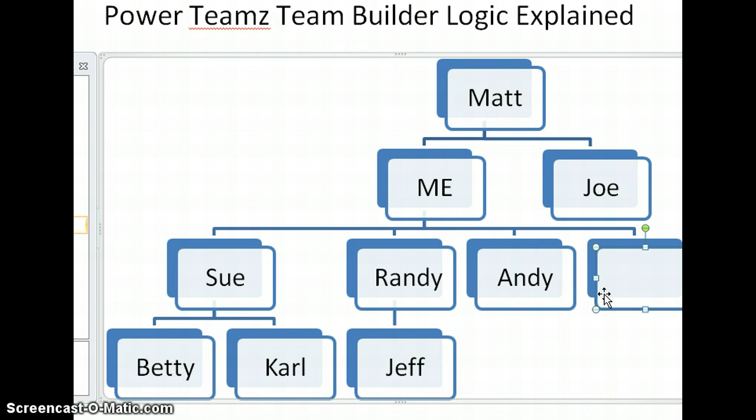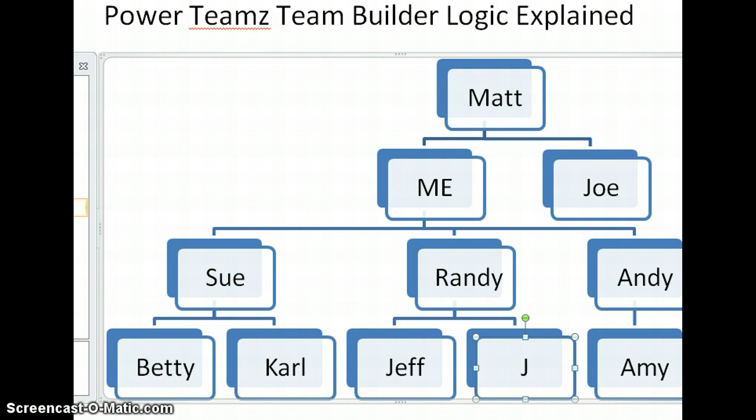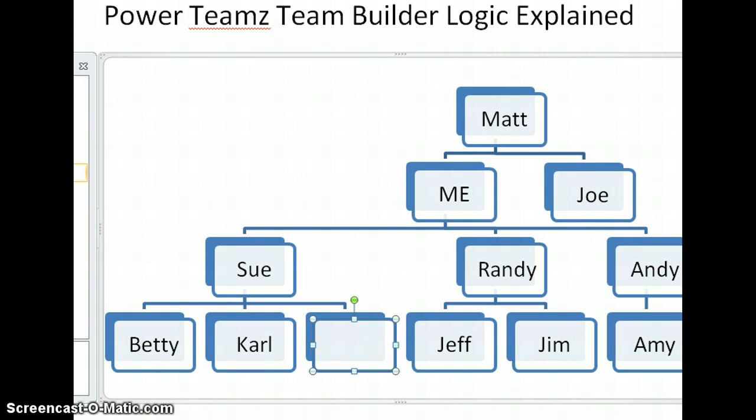So let's go with Amy. Then it goes back here to Randy. He needs another customer. That is Jim. And then one more back here with Sue. She needs another customer. That is Kevin.